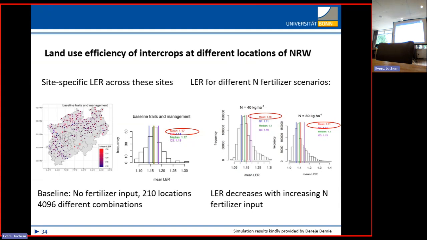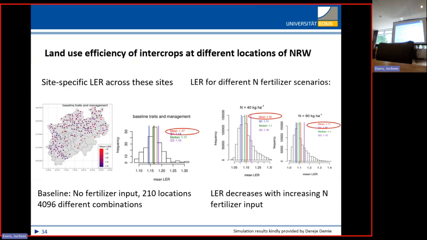But then if you play, for instance, with the fertilizer, so this is the baseline where we have baseline cultivar rates and management, and then if you play with the N, so you apply N, and you apply even more N in the scenarios, you see the mean is then 1.16, and here it's 1.11. So you see a decline of the LER if you increase the N input.